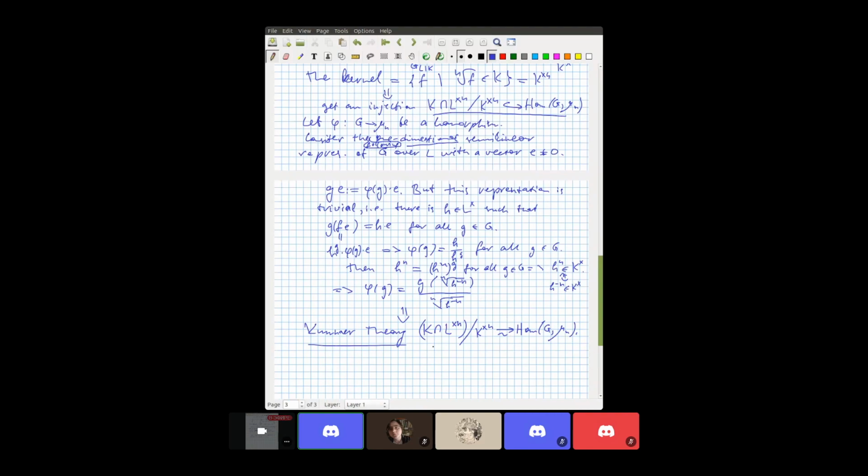Once again, here we assume that K contains the primitive roots of unity, that mu n is contained in K, and also that it is of order n.